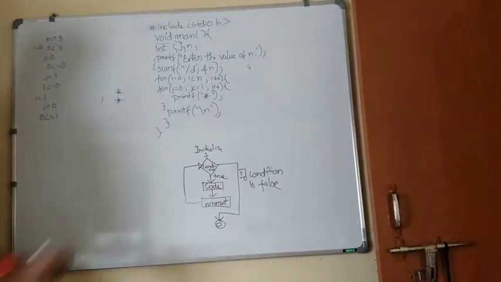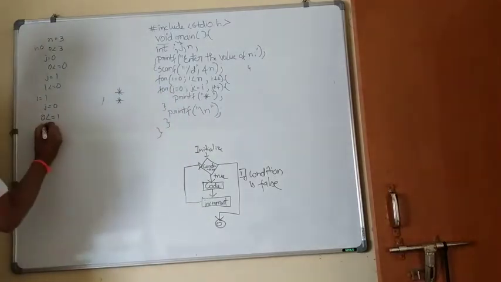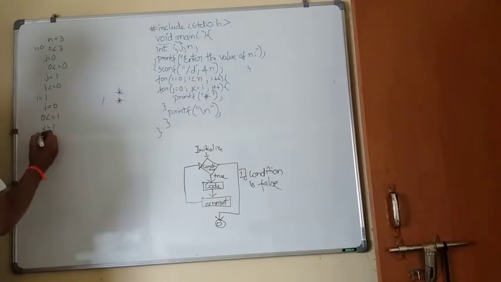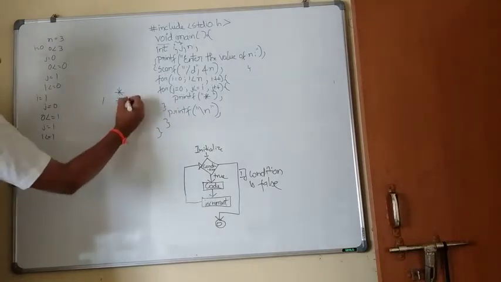Next, j is incremented. Now j becomes 1. Then the condition is checked again. j is 1, and 1 is less than or equal to 1. This is also true, so one more star is printed here.